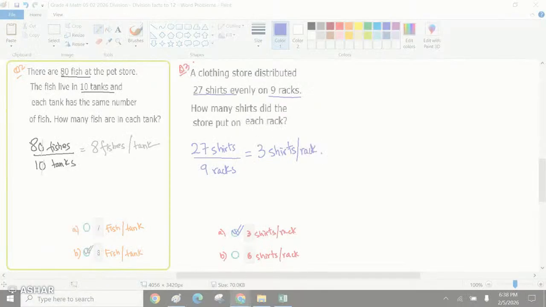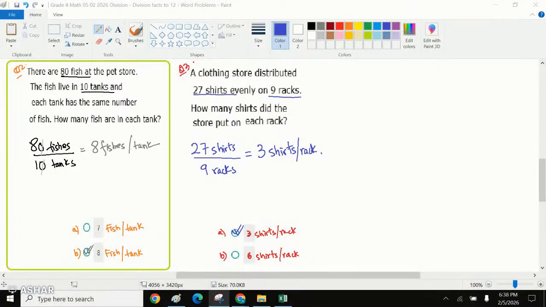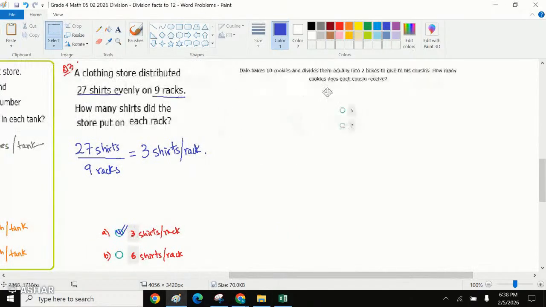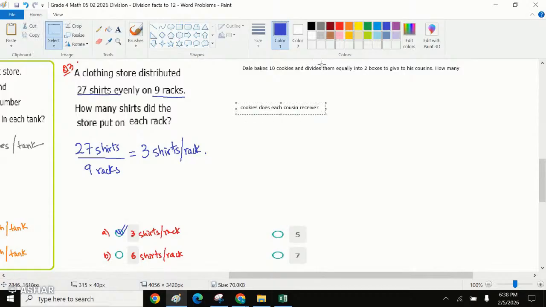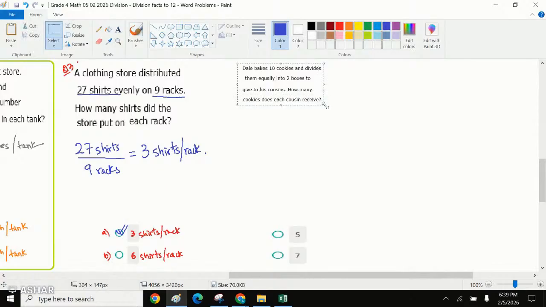Dale bakes 10 cookies and divides them equally into 2 boxes. We did this question, very similar already. Let me just realign. If these are the 2 given options, he divides them equally into 2 boxes to give to his cousins. How many cookies does each cousin receive? That means each cousin would receive 1 box.